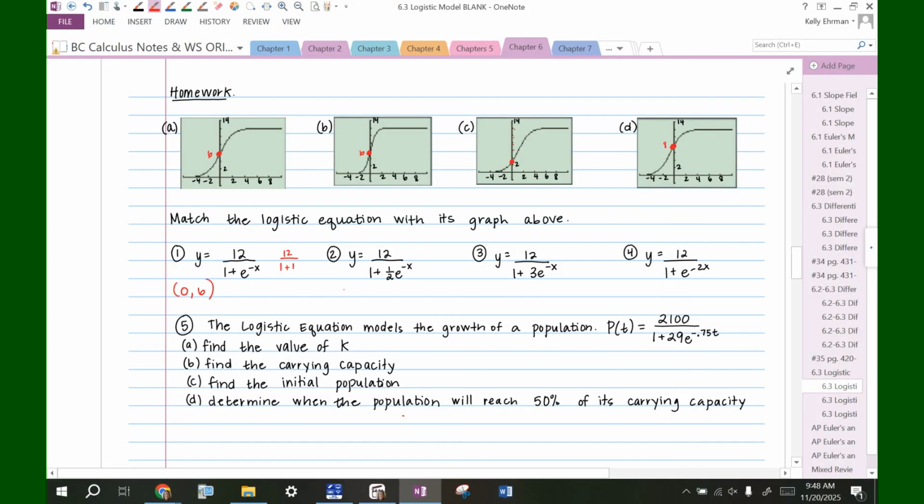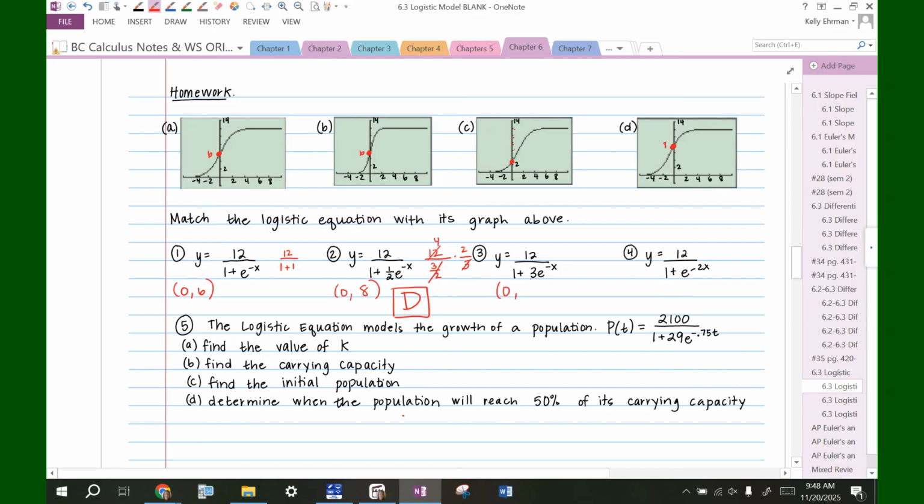And then this one, if I plug in 0, I get 12 over 1 plus 1 half. That's 12 times 2/3. 12 over 3 is 4. 4 times 2 is 8. Okay, so we said D was 8, and I didn't see any others that were 8, so 2 is probably D.